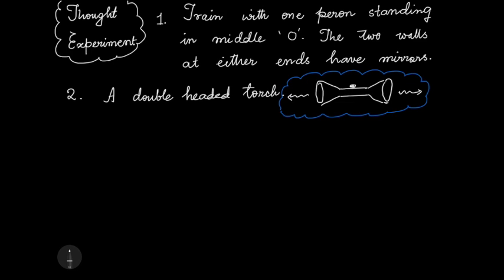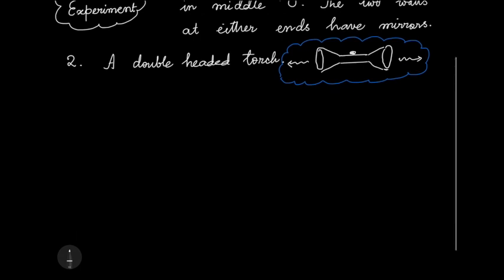Now, our job is to figure out the same experiment as seen from two different reference frames. One reference frame consists of one set of observers, and another reference frame, another set of observers.